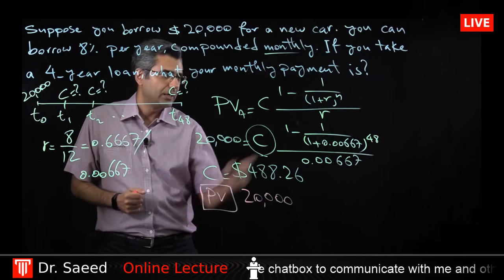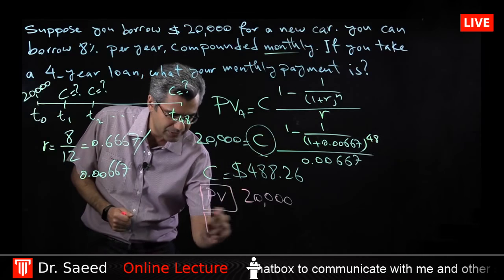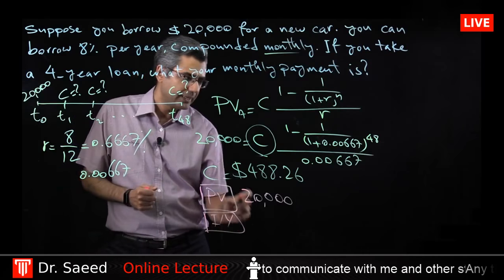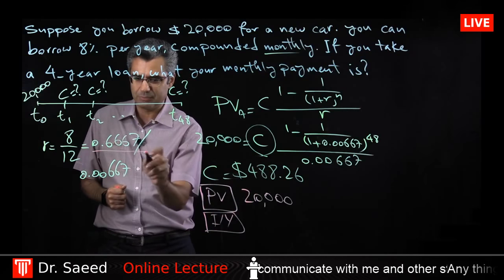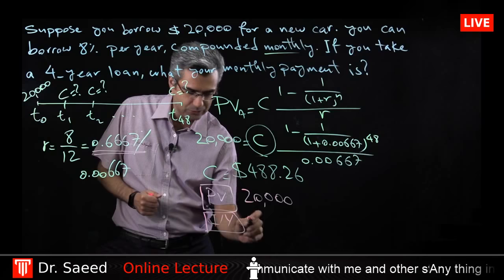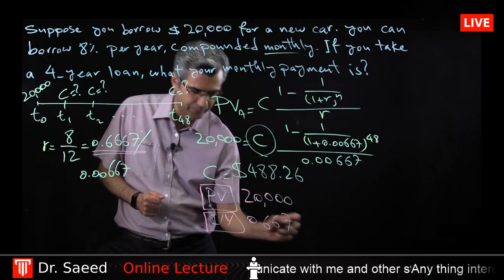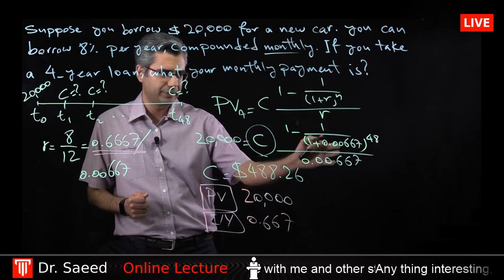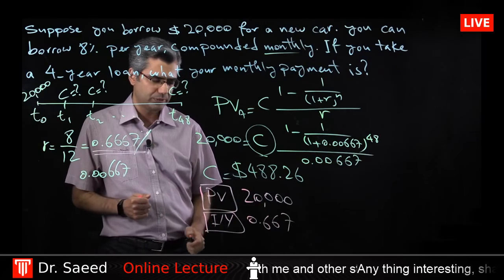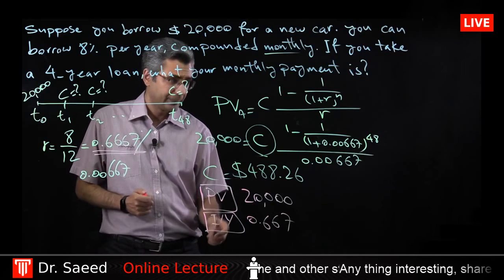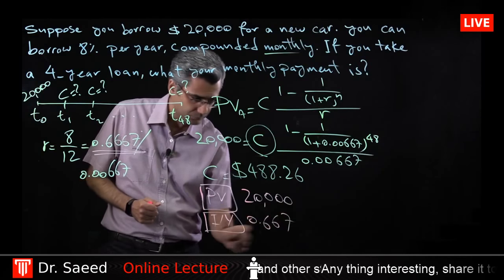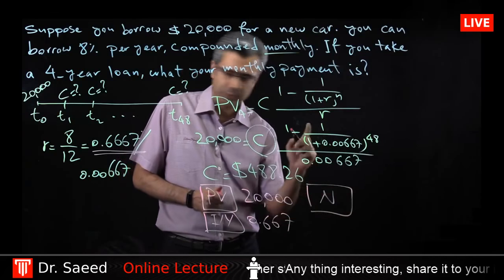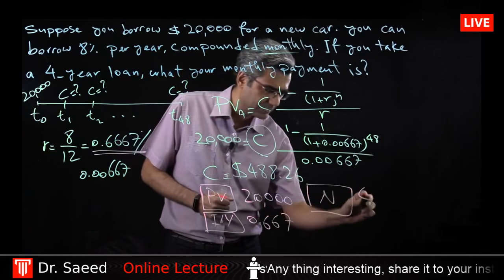And then for R, meaning interest rate, the button on the calculator is labeled I over Y, and you just need to key in the percentage, right? So it's 0.667. No need to convert it into decimal point like this. So just enter 0.667. Then for N, you press N, and it's 48.